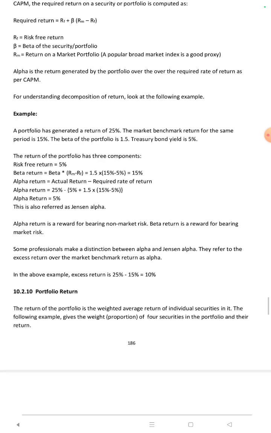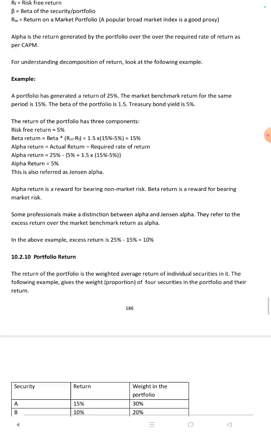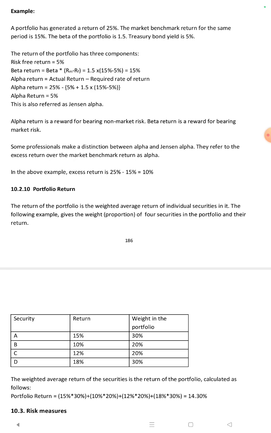Required return equals risk-free return plus beta times the difference between the return on the market portfolio and the risk-free return. Alpha is the return generated by the portfolio over the required rate of return as per CAPM. A portfolio has generated a return of 25%.